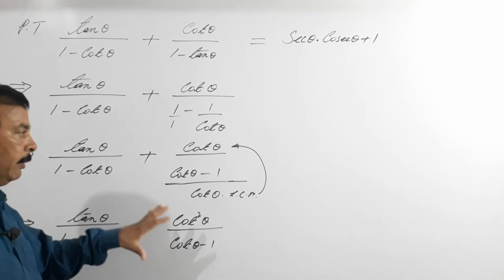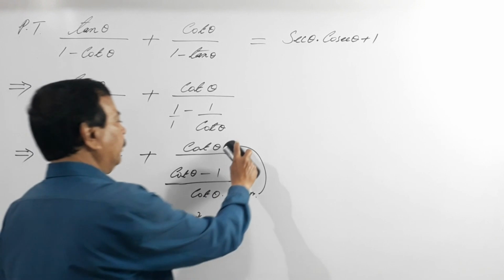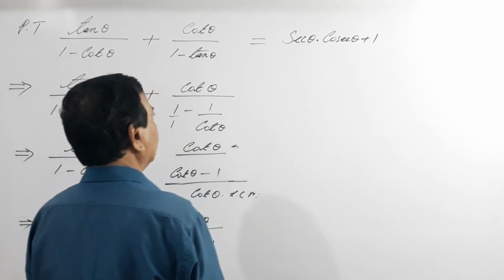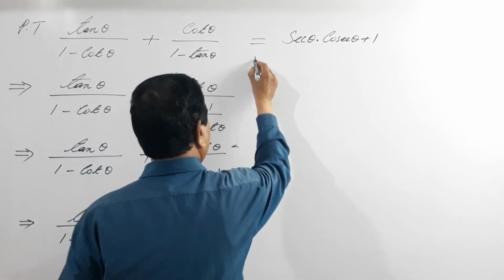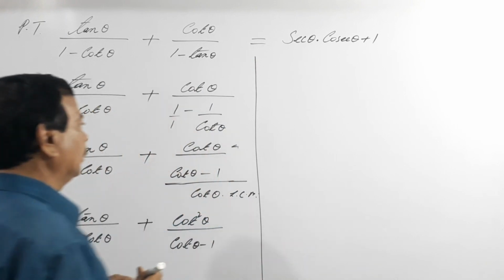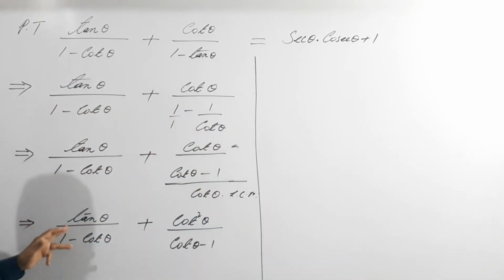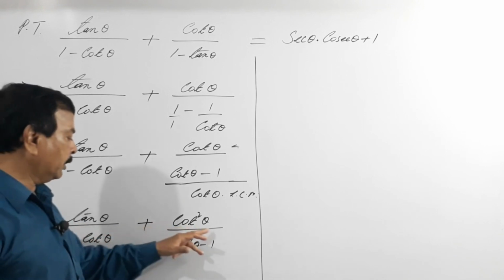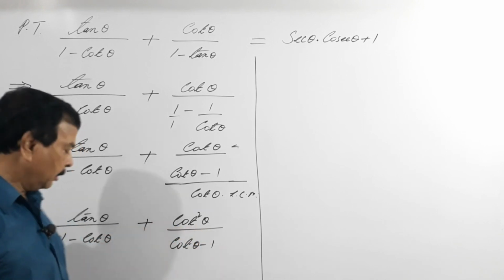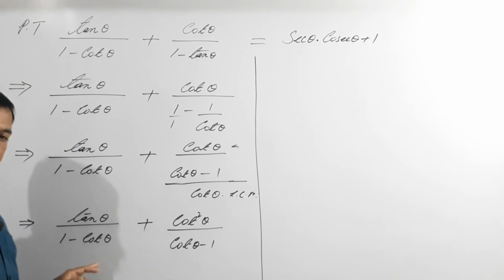So having done so much, look at this. We have tan theta by 1 minus cot theta plus cot square theta by cot theta minus 1. So the denominators are quite different.